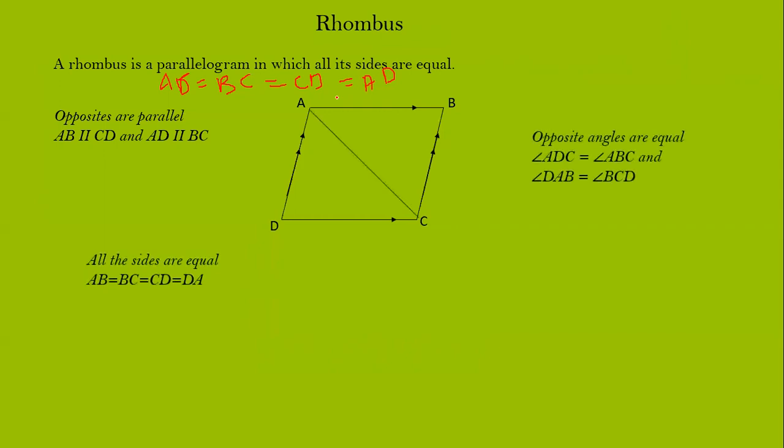Which are the opposite angles? Let's see that. Angle ADC is equal to angle ABC, and angle DAB is equal to angle BCD.